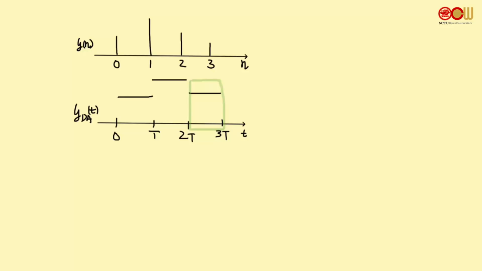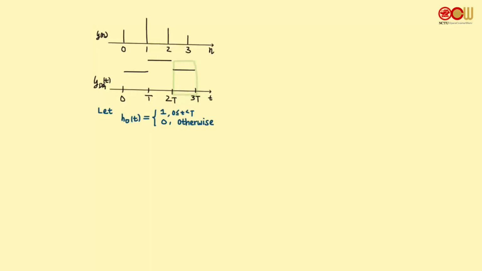If we want to describe y[n] and y_DA mathematically, what can we do? Let us define a rectangular pulse, equal to 1 between 0 and T and 0 otherwise. The picture of h0 would look like this.